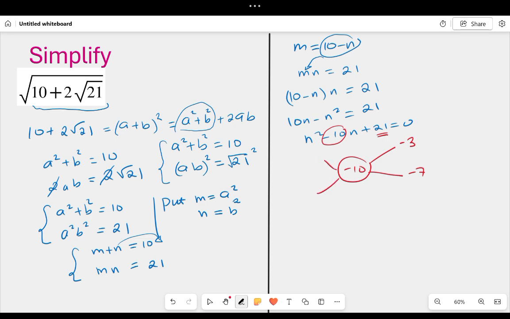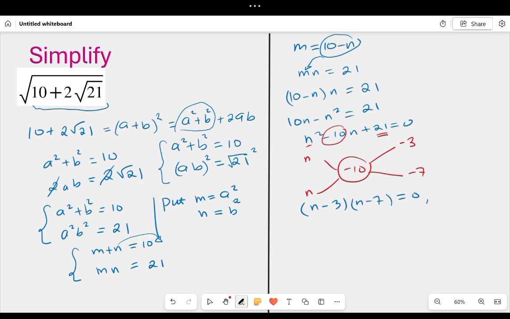On this end, we know n squared can be split into n multiplied by n. Therefore, our solution is n minus 3 times n minus 7 is equal to 0.